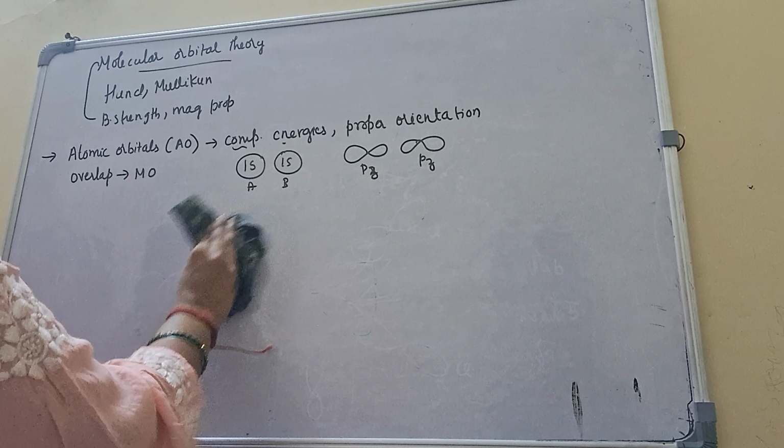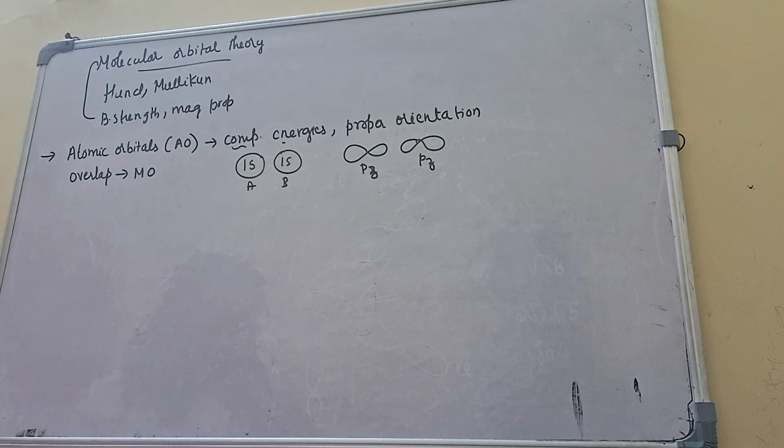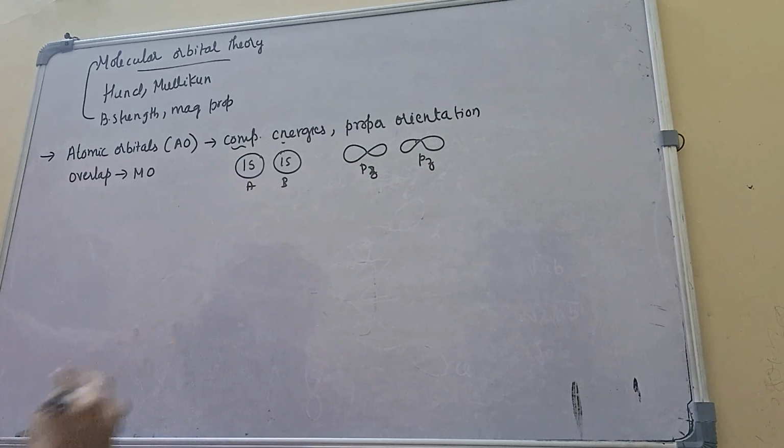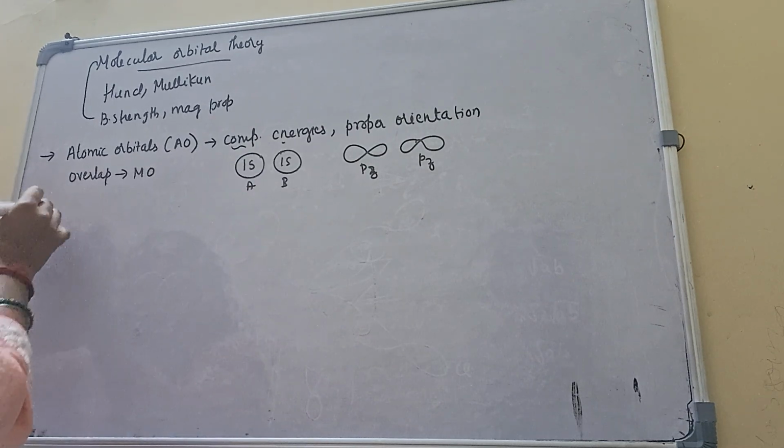So overlapping is fine, but the electron density is not getting overlapped, right? So that is the meaning of this. So atomic orbitals of comparable energies, that means 1s with 1s of the second atom, 2pz and 2pz, 3s and 3s, 3py and 3py, something like that, okay? This is the first point.